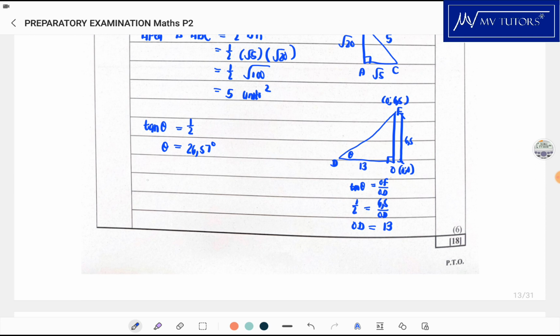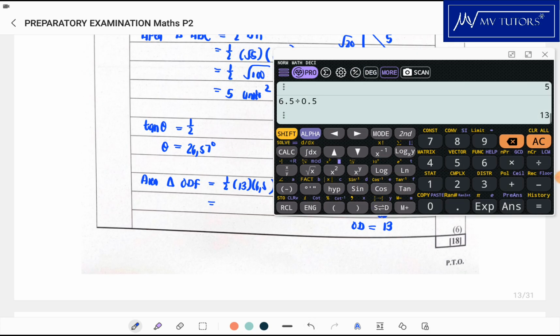Now I can get the area. So area of triangle ODF is equal to half times 13 times 6.5, which gives us 42.25.